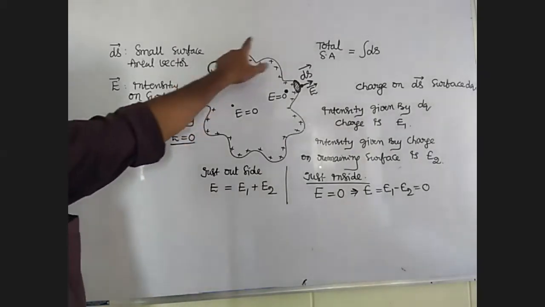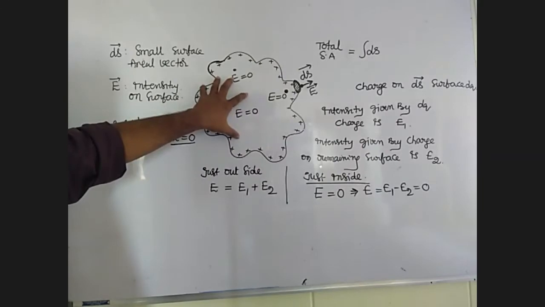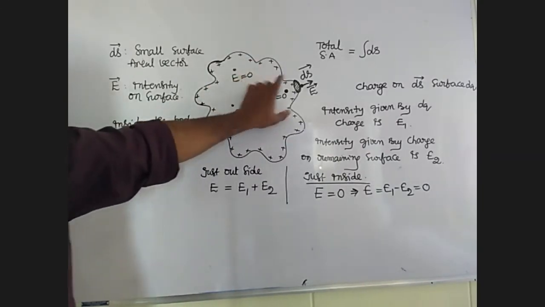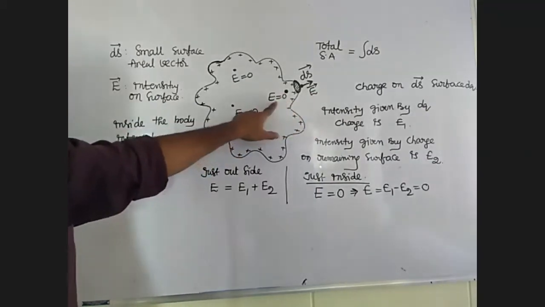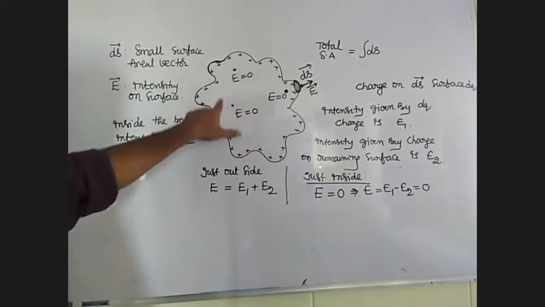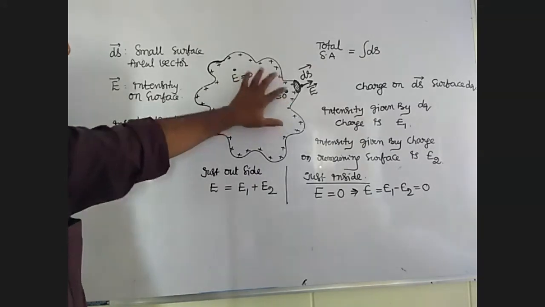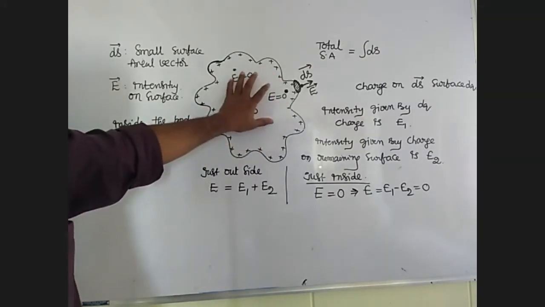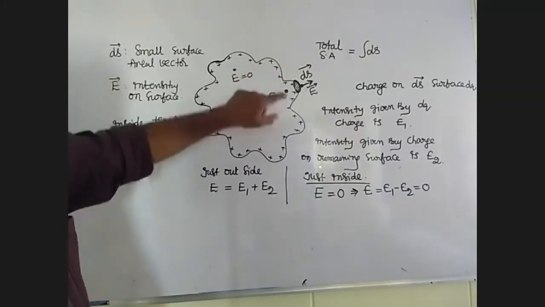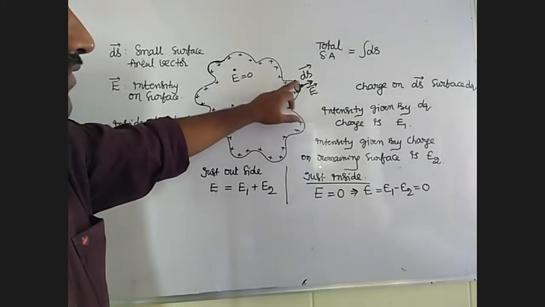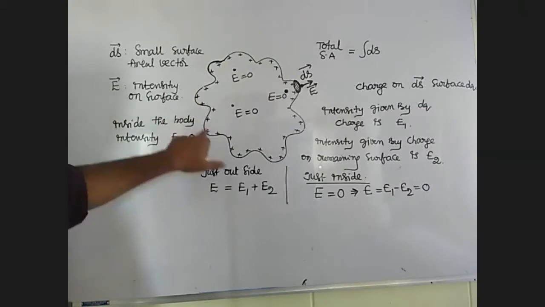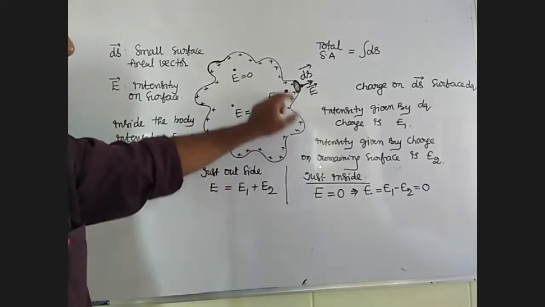This is one charged body. This charged body provides intensity outside, that is E. Just inside the intensity becomes 0 because there is no charge inside. Here we considered some charge on the ds surface and the remaining charge on the rest of the surface.